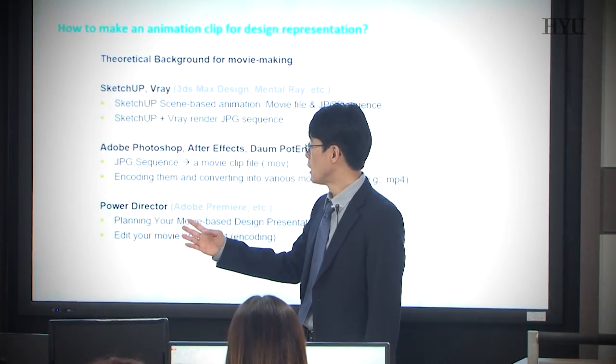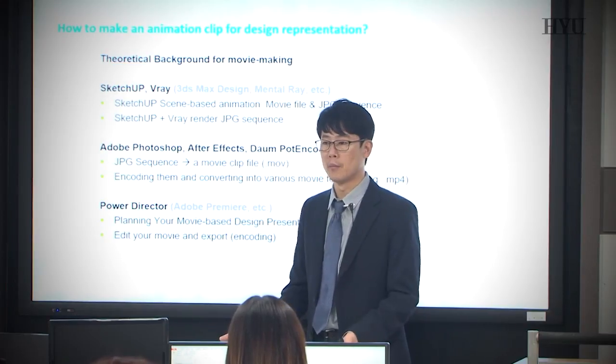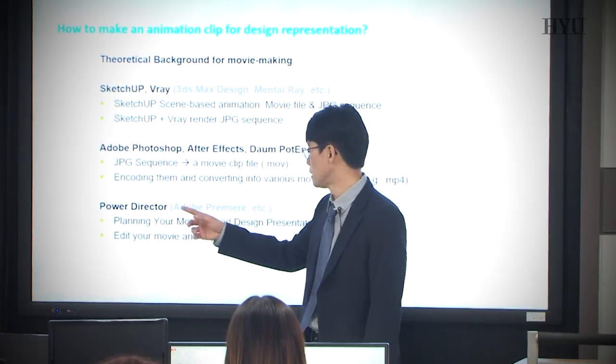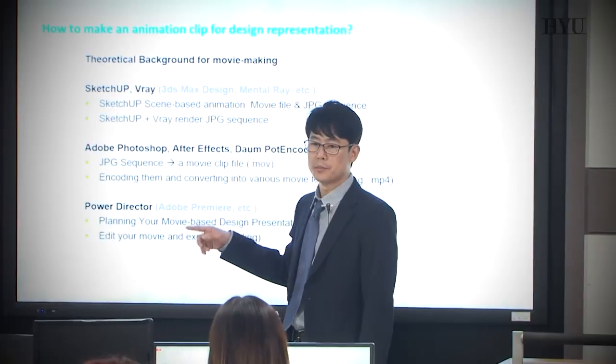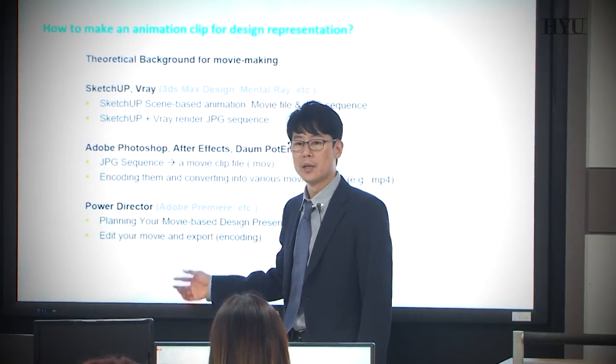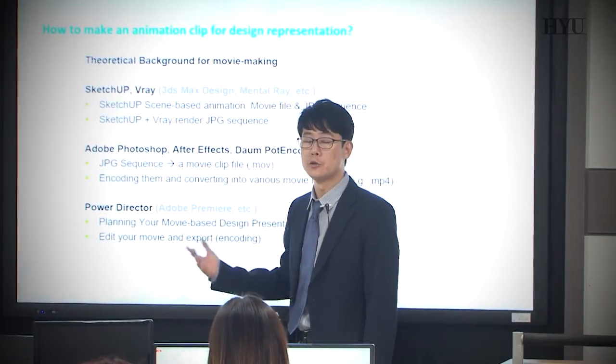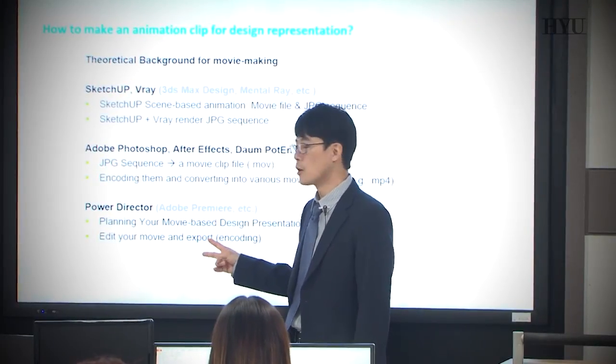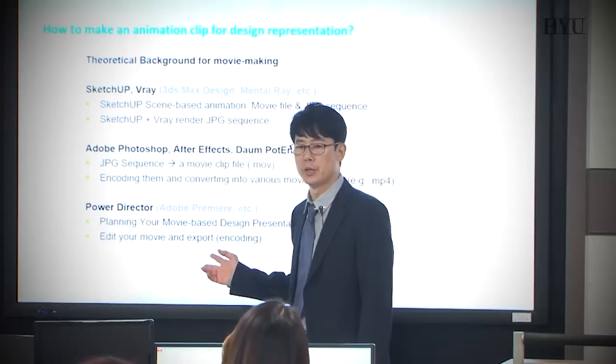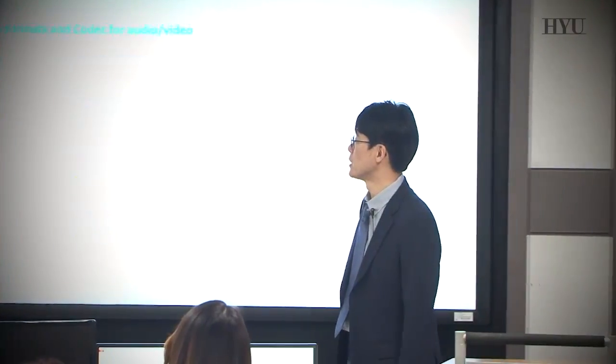And then you can combine them by using Power Director, Premiere, Vegas. There are a lot more commercial tools or free tools, utilities for composing your video, authoring your video. Okay, this is the fundamental mechanism.